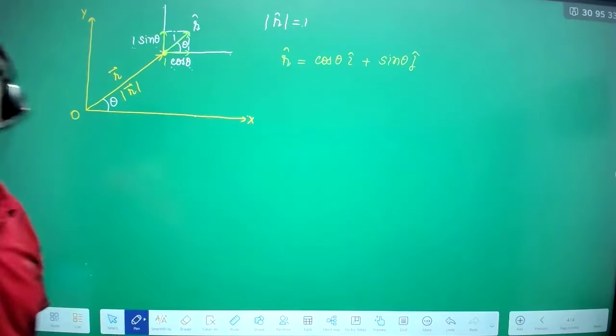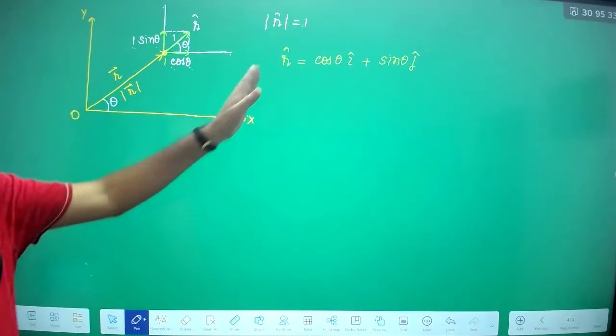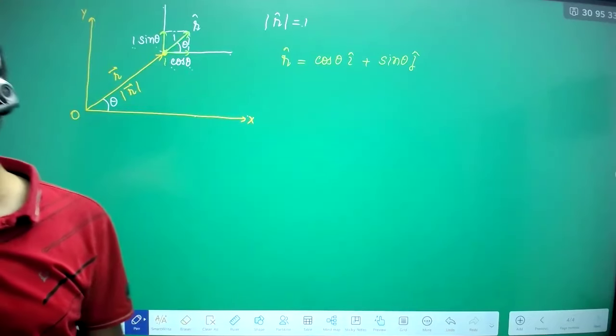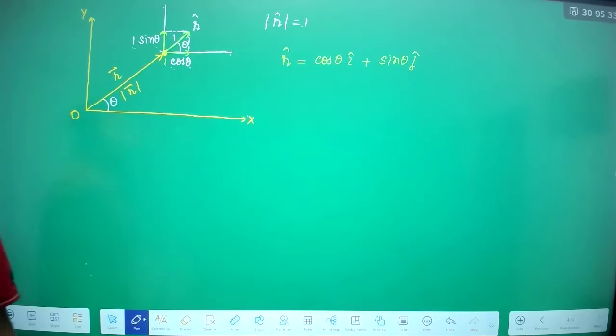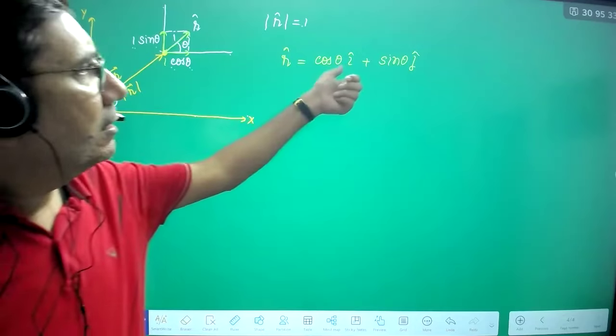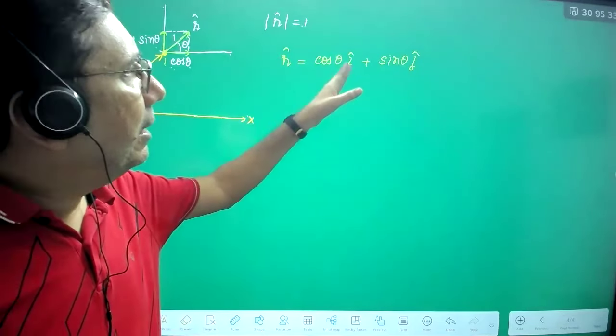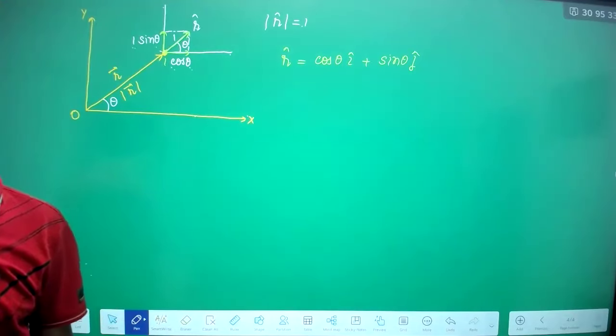So in this way, you can represent this R cap vector in terms of cos theta and sin theta, in the direction of i cap, j cap. ठीक है? So this is the correlation between R cap and i cap, j cap.